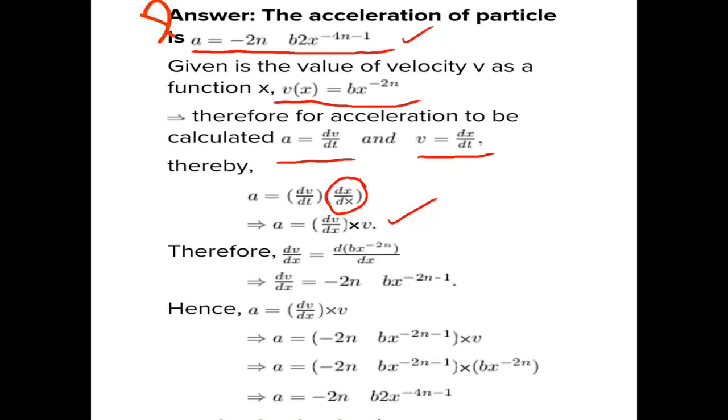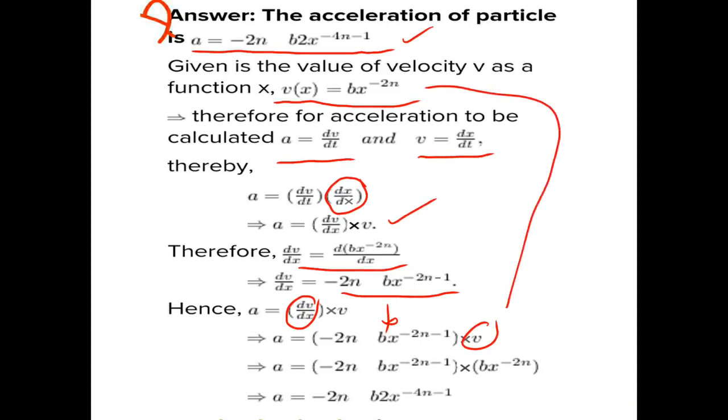So in the next step we are differentiating the value of v, we are getting this value, and already we know dv by dx, so you substitute it, then multiplied by v. V value we know already from the given equation, so you substitute the value of dv by dx and v value. Multiplying both the values, we will get minus 2n b square x power minus 4n minus 1. This is the final answer.